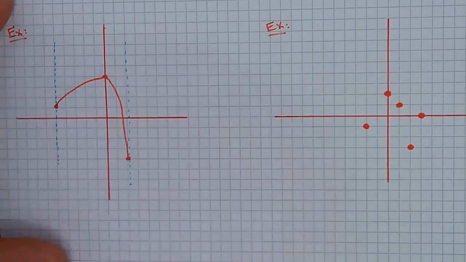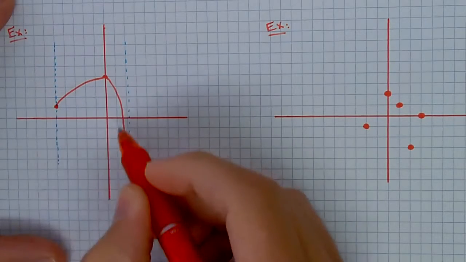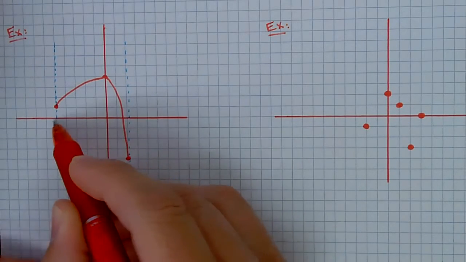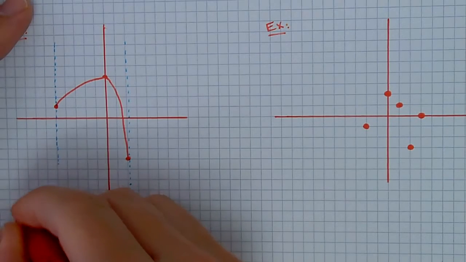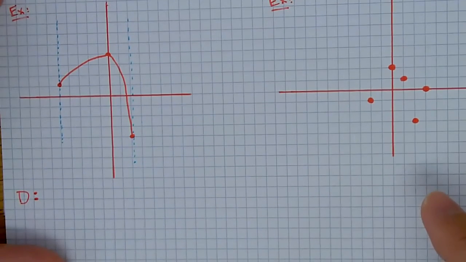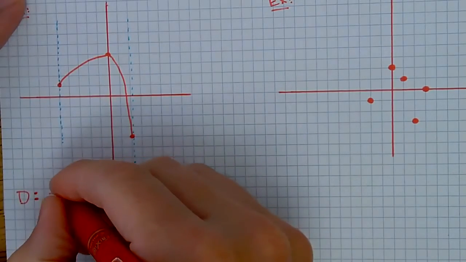So my furthest value to the left is going to be at this point here where my X value is -1, -2, -3, -4, -5. So for domain, and I'm just going to write a D, so I don't have to write out domain every time, my furthest value to the left is going to be -5.